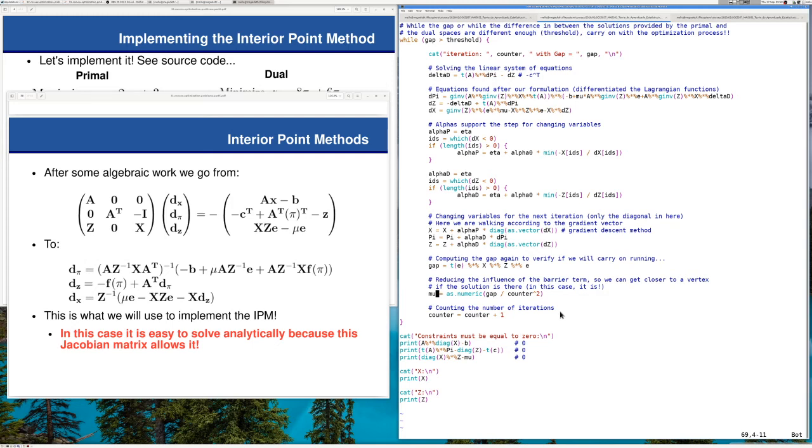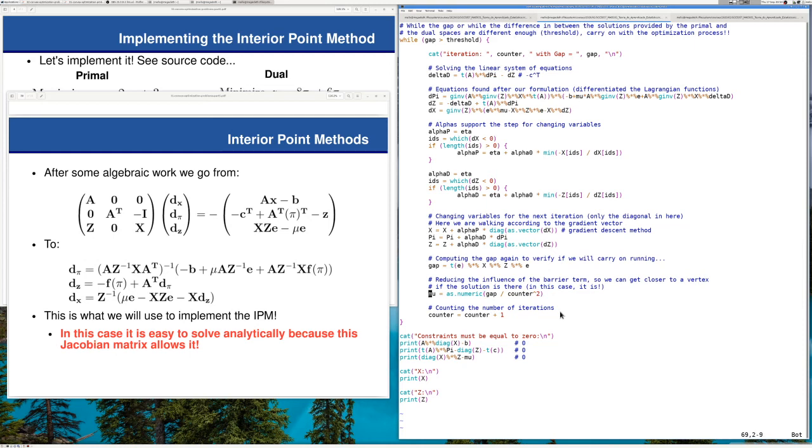So how did I decide to define mu? At the beginning I set up some mu, and afterwards I decided to use the gap, or the difference, in my solution in terms of the primal and the dual spaces, divided by some counter to the power of 2.